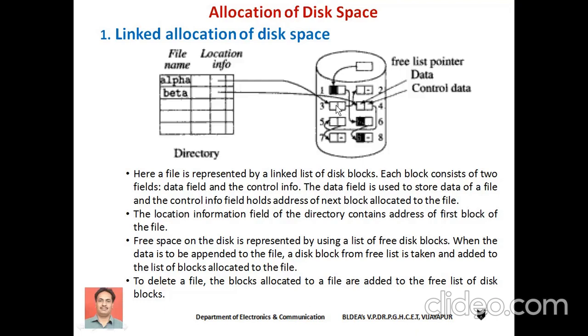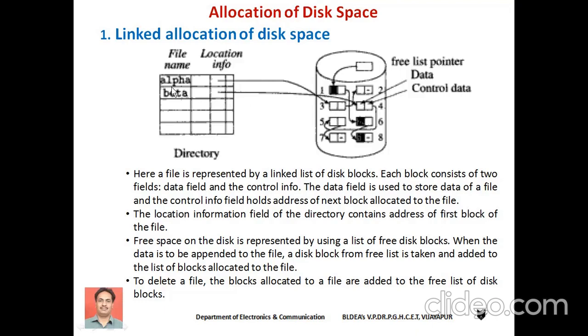So this is the first block which is allocated for the alpha file. In the control information field of this block, we have stored the address of block number 2. It indicates that block number 3 and block number 2 are allocated to the file alpha. However, the starting block address is 3.